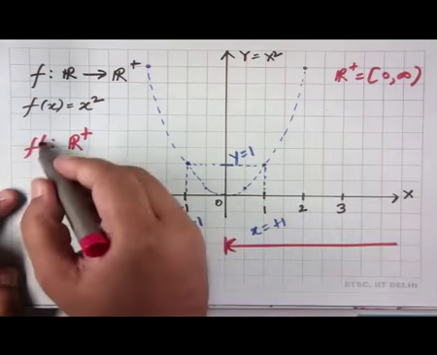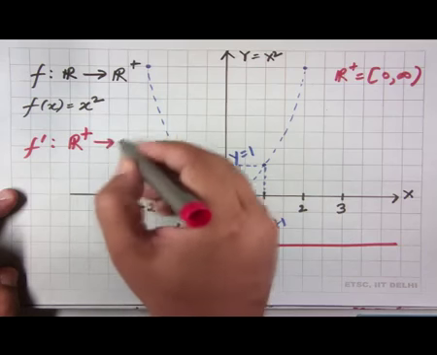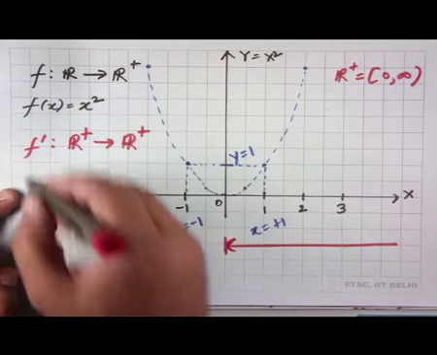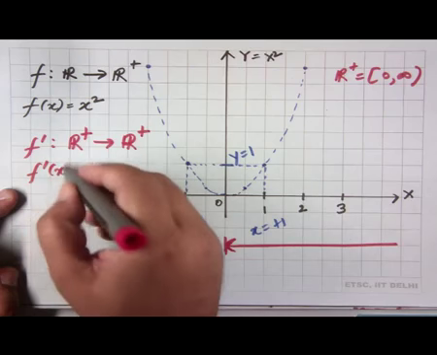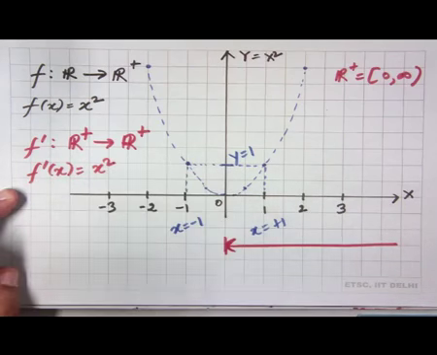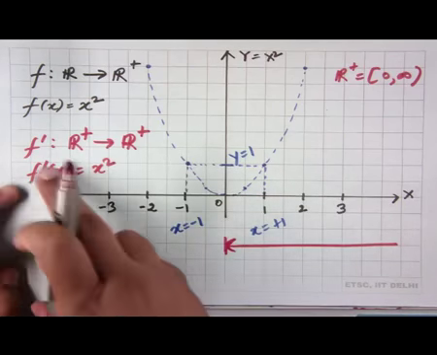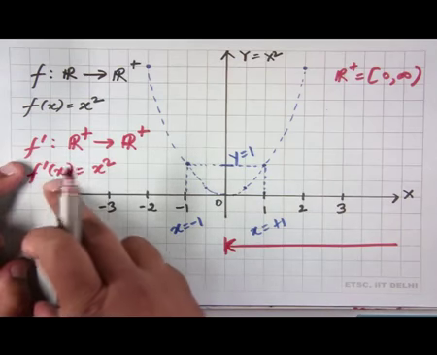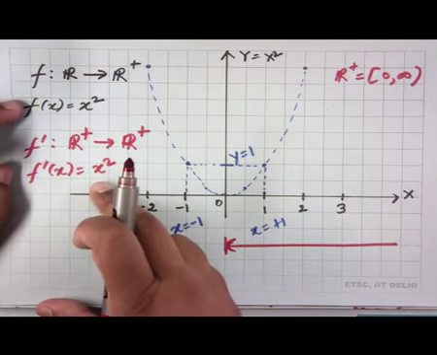So, we define a new function f prime from R plus, which is essentially this interval from 0 to infinity, to R plus, and f prime of x is again x square, which is the same as what we had before.